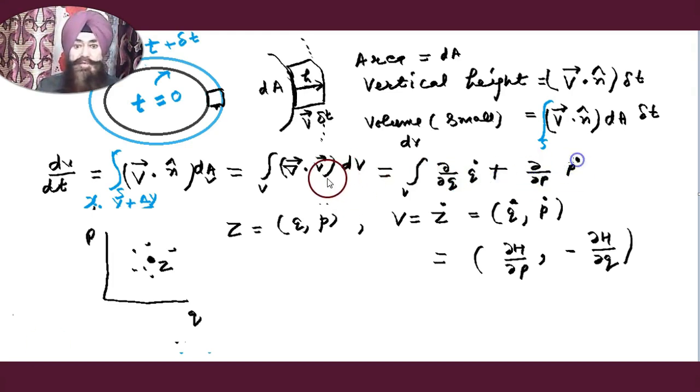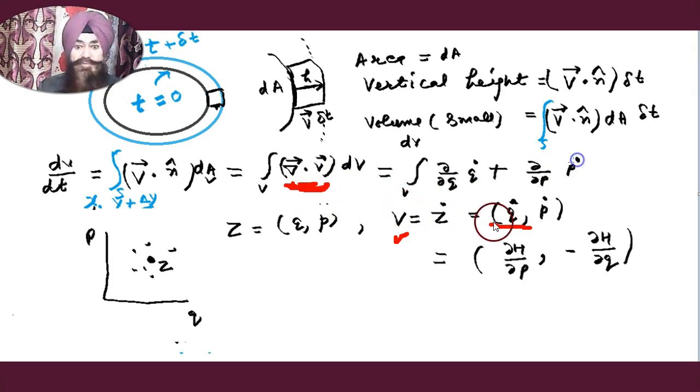Now you know here the divergence of V. If you put in the value of del, and because it's a dot product, if V is Z dot and it is equal to this, then del dot V will be equal to curly by curly Q dot plus curly by curly P dot, by the property of the divergence.